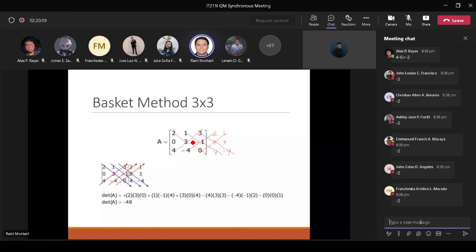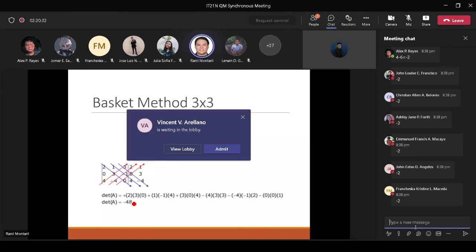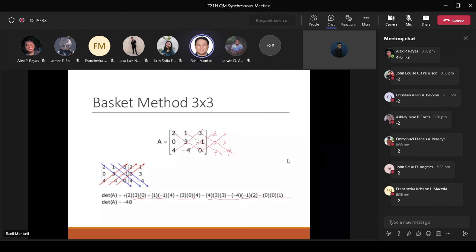So ngayon, ang gagawin daw, the sum of the product of each weave downwards. So here, 2 times 3 times 0, plus 1 times negative 1 times 4, plus 3 times 0 times negative 4, minus ng mga sum of products nung pataas naman. Take note ha. Sum of products ng pababa minus sum of products ng pataas.